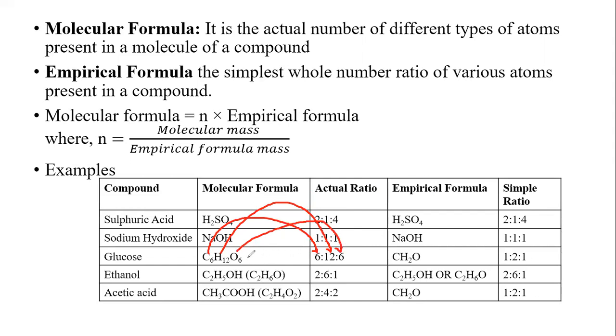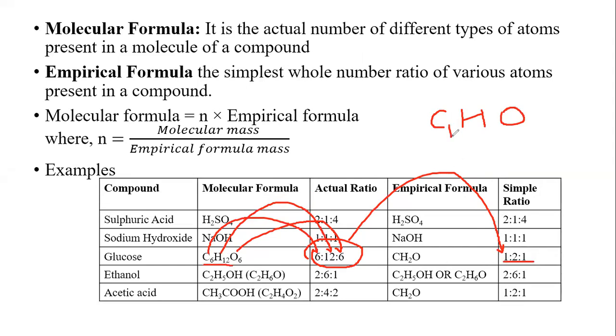So the ratio of carbon to hydrogen and oxygen is 6:12:6. Converting this ratio into the simplest form, we will get 1:2:1.